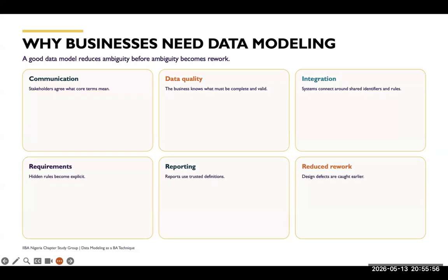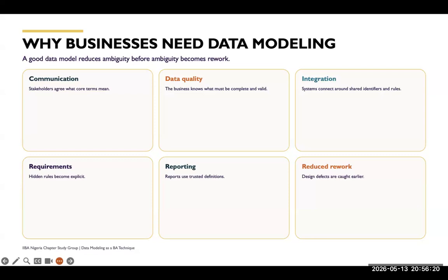In a business, there could be several departments, several units, and a unit might use the word customers for people who have already been onboarded, while other people in another team use customers for people who are potential clients and have not been onboarded yet.